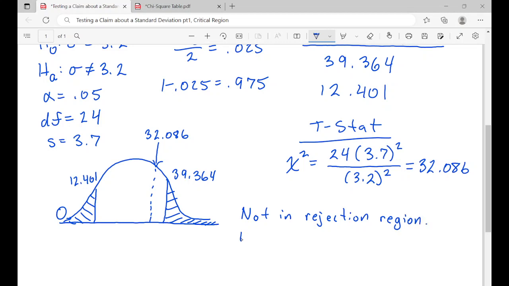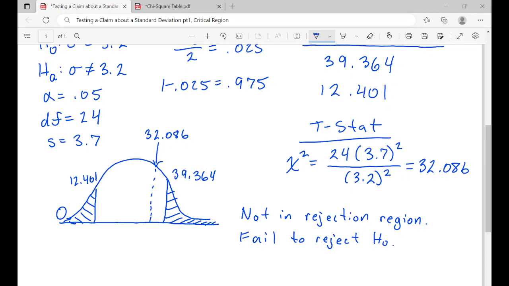And since it is not, I can say that I will fail to reject the null.